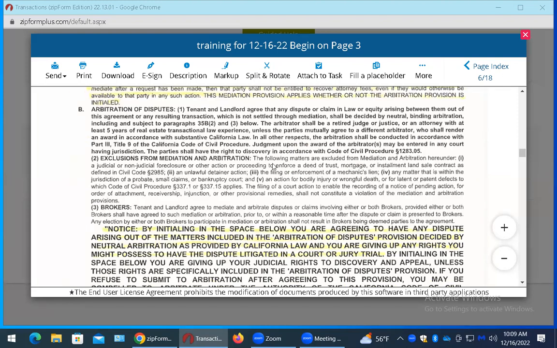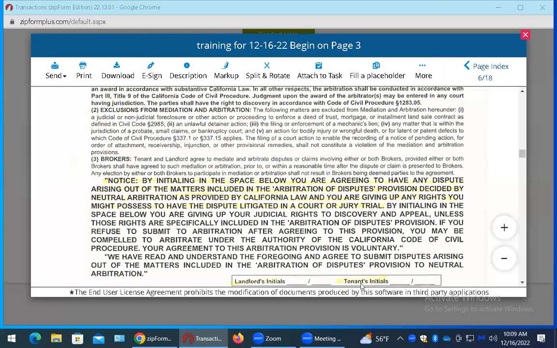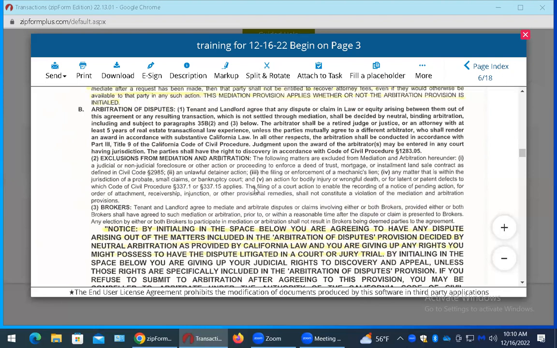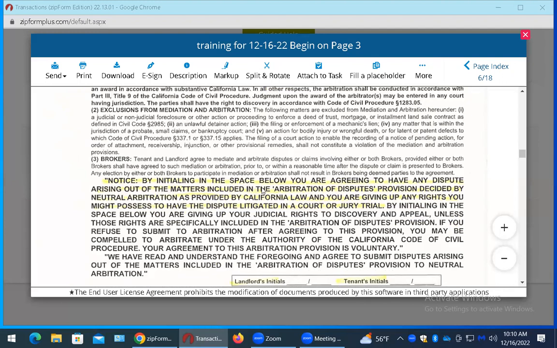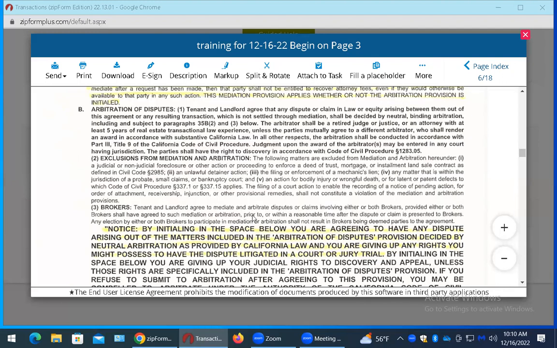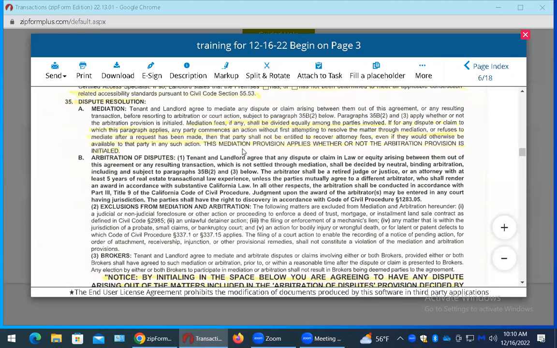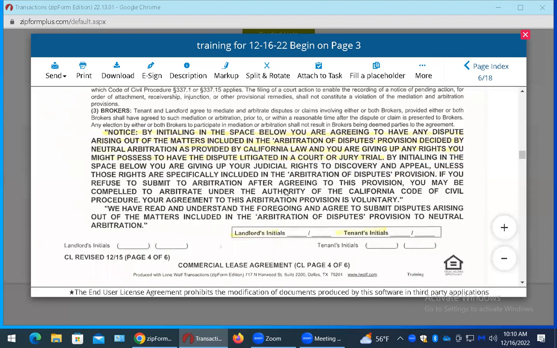So if the clients, the landlord and the tenant, initial the arbitration, they are initialing to agree to have disputes arising out of the matters included in the arbitration of disputes decided by a neutral arbitrator. If they initial this, it's just like our residential contracts that we're all used to, same thing, but just bear in mind that mediation does apply, whether it's initialed or not, okay?